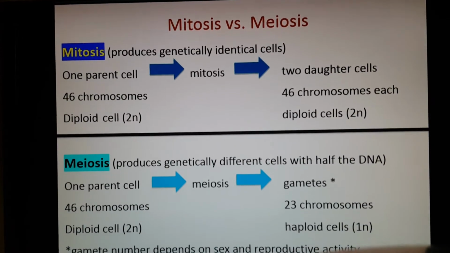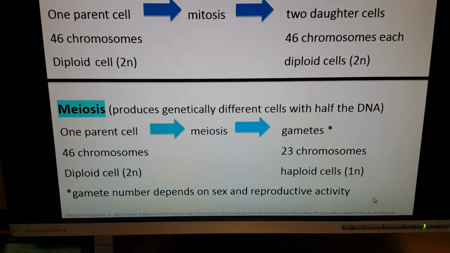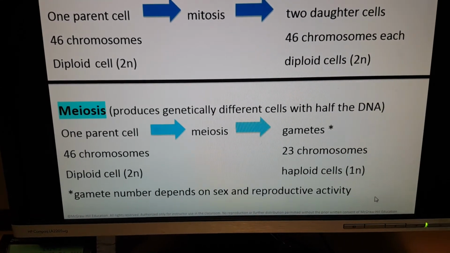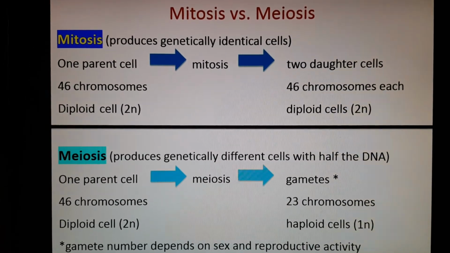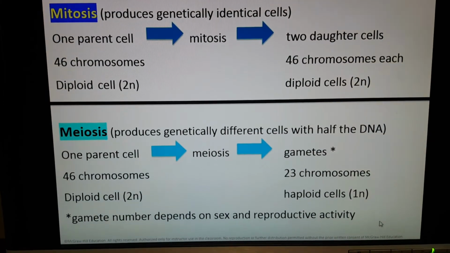And I have the star beside the gamete name because your gamete number depends on the sex as well as reproductive activity. In males, the process of meiosis will normally just produce 4 sperm. However, when we go through the female reproductive system chapter, there are some differences in the gamete production that's necessary for creation of the egg or the oocyte, and so you don't produce your 4 gametes in that condition, as well as I state here, reproductive activity.